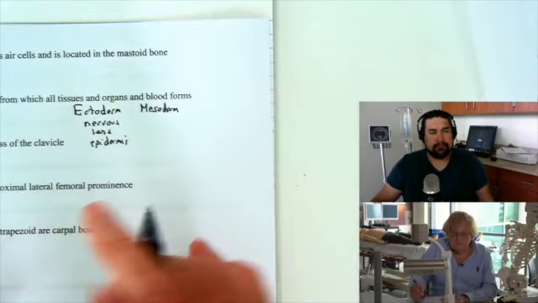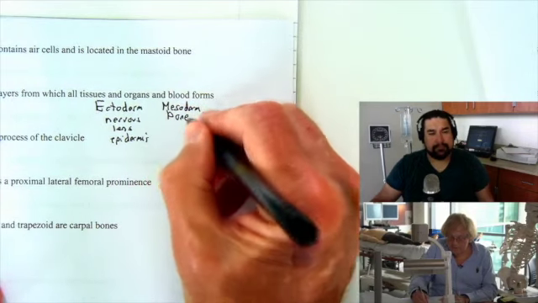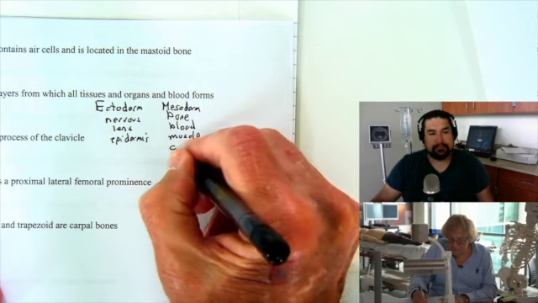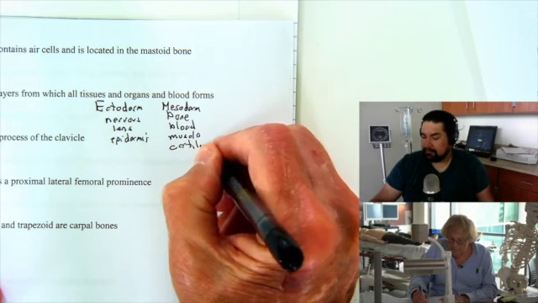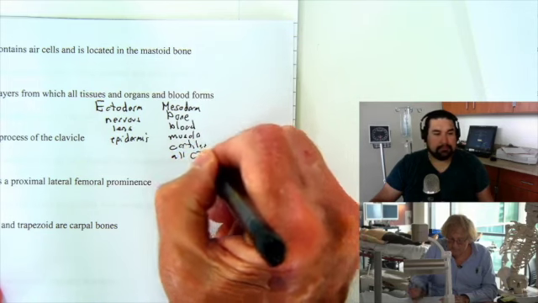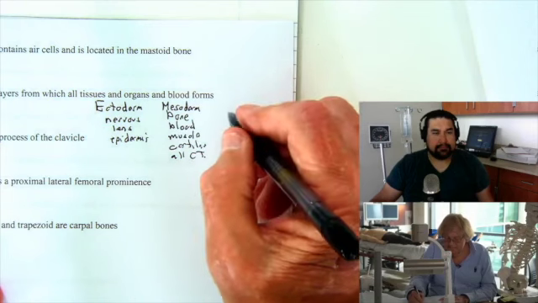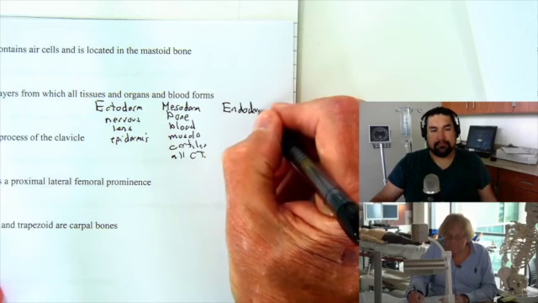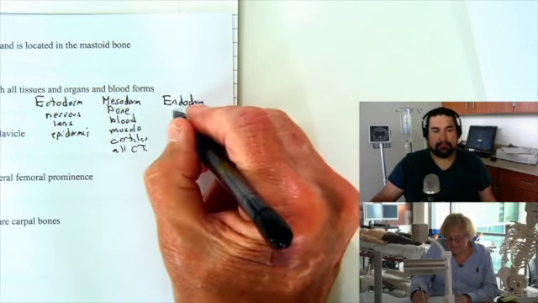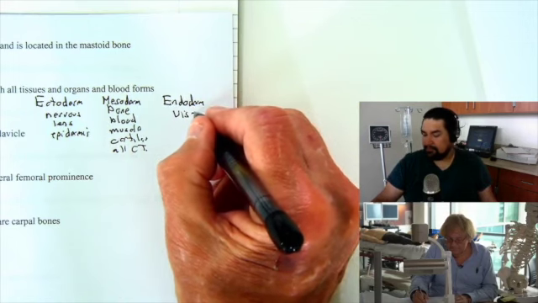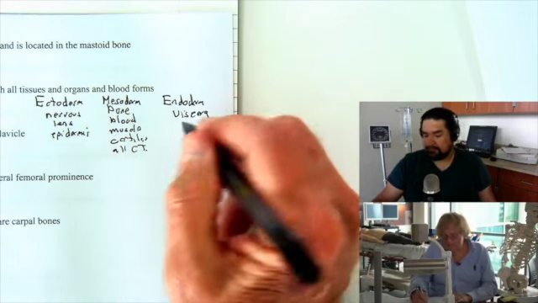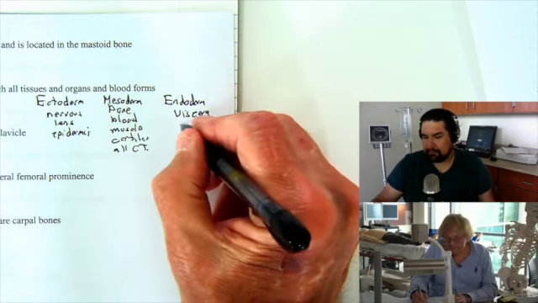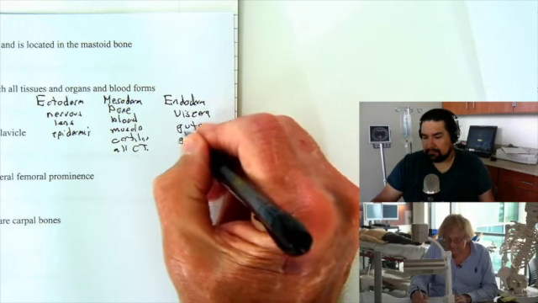Remember, mesoderm is going to be bone and blood and muscle and cartilage, all connective tissue. And then finally, I've got endoderm. And endoderm is going to be viscera, another way you could say it would be guts or glands.